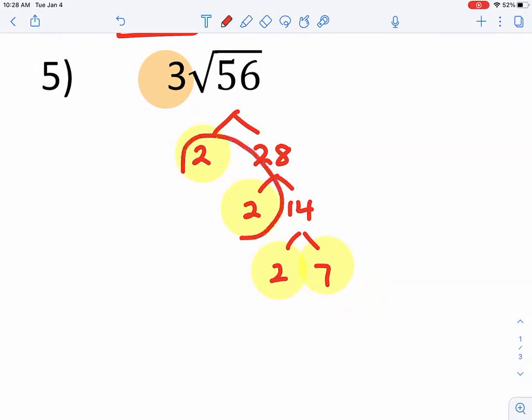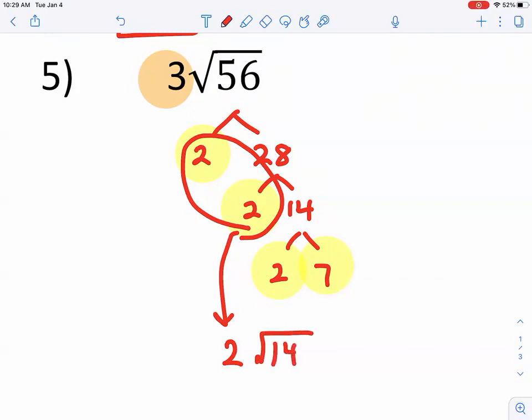So I'll take that pair, those go on the outside, that's going to be 2. Now for the 2 and 7, this is a little different because this guy doesn't have a pair and this guy doesn't have a pair. So I have to leave both of them underneath, but I multiply them back out.